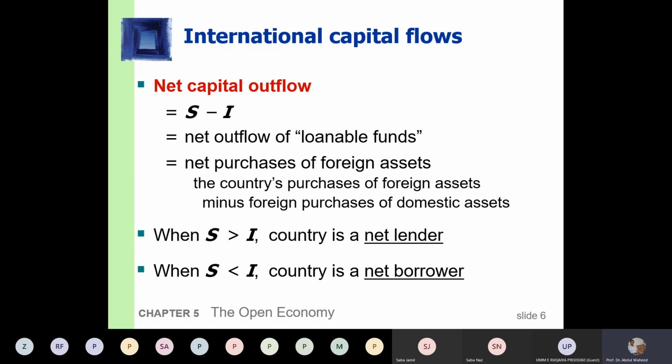Are we net lender or net borrower? Net borrower. Yes, we are net borrower, because our saving is less than investment. So is there net capital inflow or net capital outflow? Inflow. Yes.